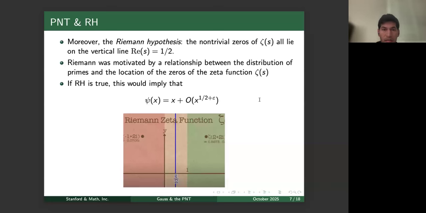In particular, if the Riemann hypothesis is true, this would imply a stronger statement along the lines of the prime number theorem, which would say that our function psi of x, this Chebyshev psi function, is equal to x, but now the error term, the remainder, is like the square root of x, or x to the 1/2 plus epsilon.